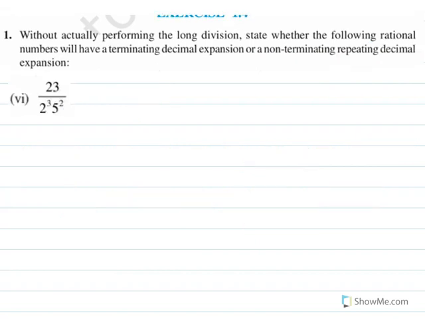Now for 23 over 2 raised to 3, 5 raised to 2, they have already done the prime factorization of the denominator. The denominator q is 2 raised to 3, 5 raised to 2.